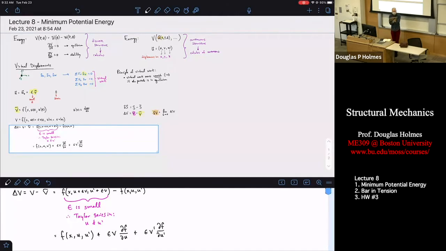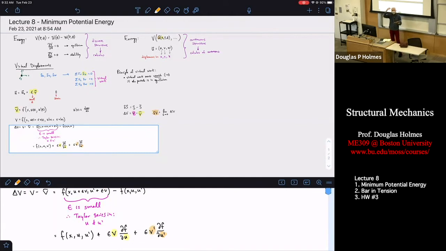So let me just show you, these things are connected. Here, this is the actual displacement. And then this term here is the function we added to the actual displacement. This is the actual kind of slope in the x-axis. This is the perturbation that we added to the actual slope.